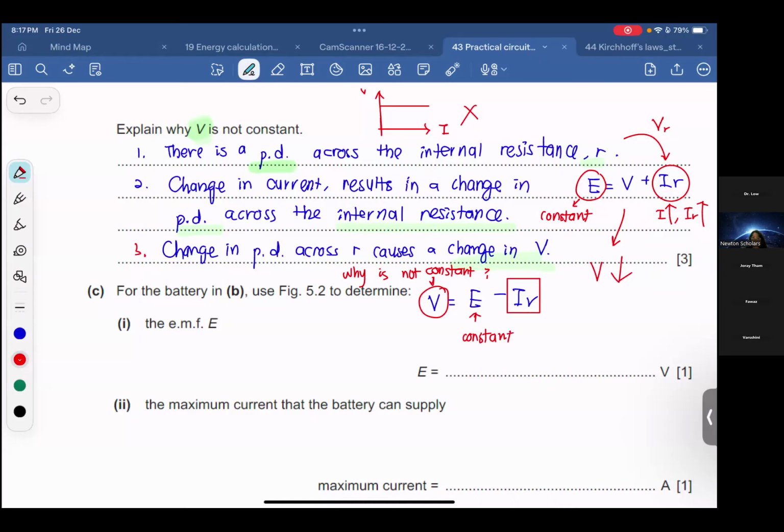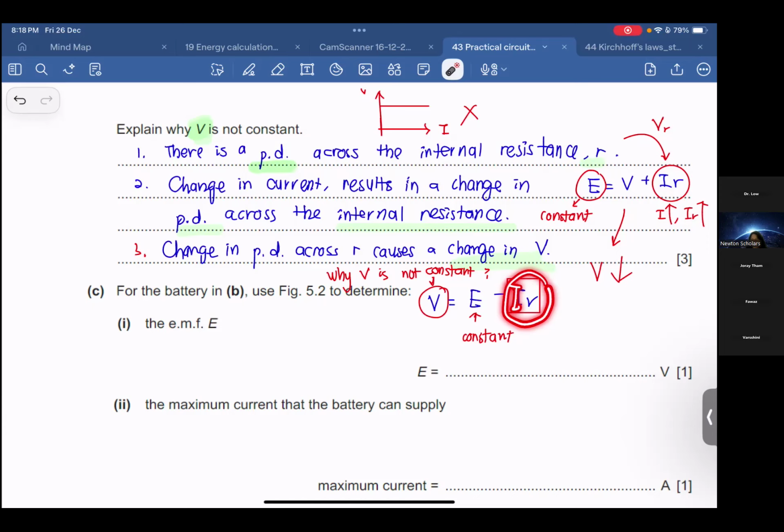Get it? The question asks you why V is not constant. Because E is the EMF, this is a constant value, so our explanation can only talk about the other part. First, we talk about there being a potential difference across the internal resistance. So when current changes, of course this voltage will change.